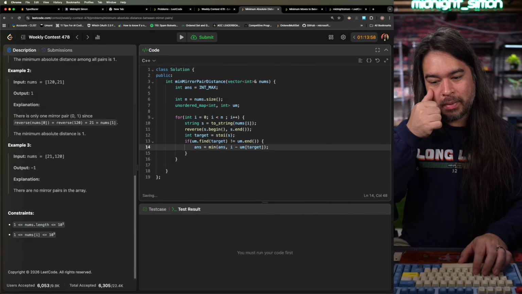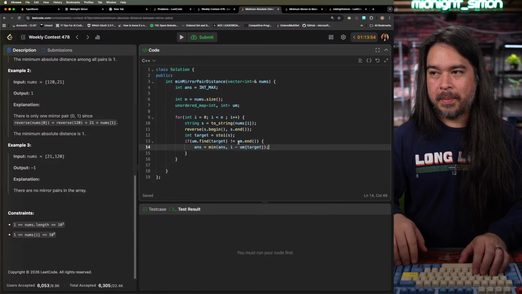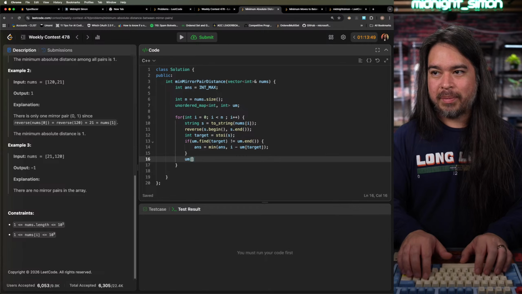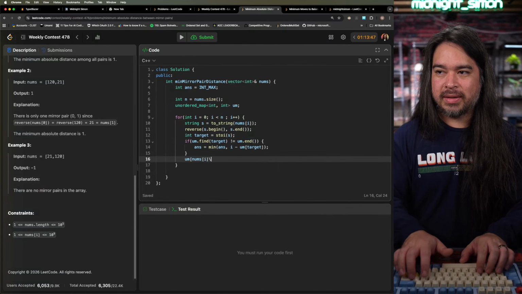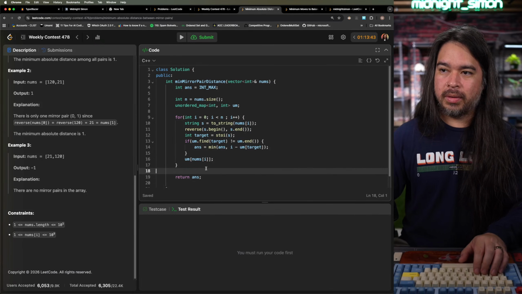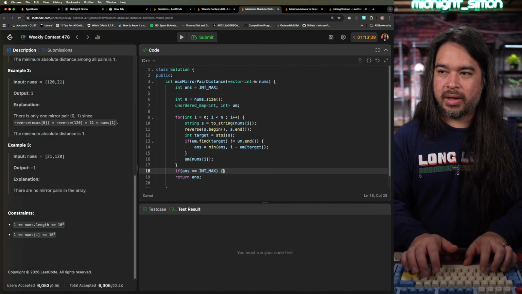Yeah. And then we put in our map our current number as is. Oh, but then if we didn't find anything, we got to return -1.